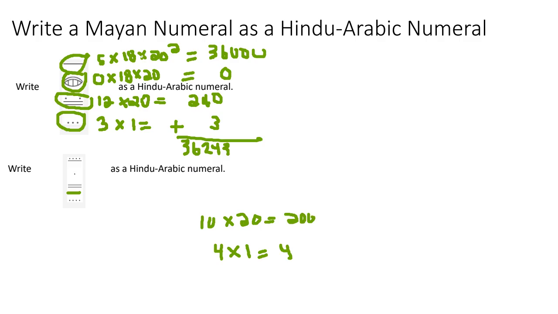So 1 times 18 times 20. 18 times 20 is 360. And then the last one is 9. 9 times 18 times 20 squared.